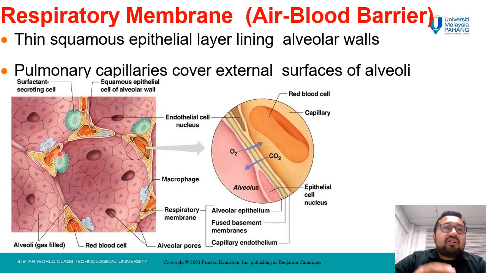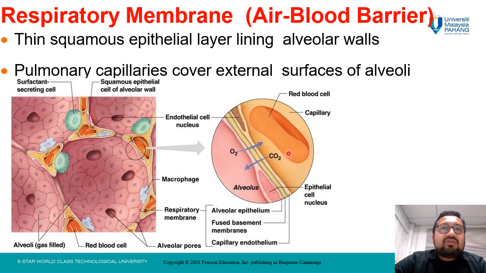So inside ni kalau kita buat cross section here, okay, ada nampak ada blood vessel dalam tu, blood vessel coming from the pulmonary artery which comes from the heart. Okay, so ada inside tu ada RBC, ada red blood cell which carry the carbon dioxide first lah. Okay, and then so this is a RBC, capillary darah. Okay, you can imagine that. And then this is a alveolus.